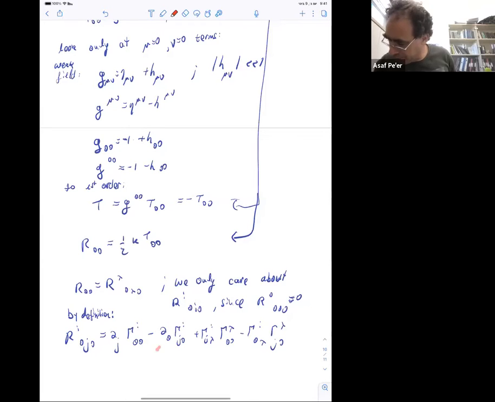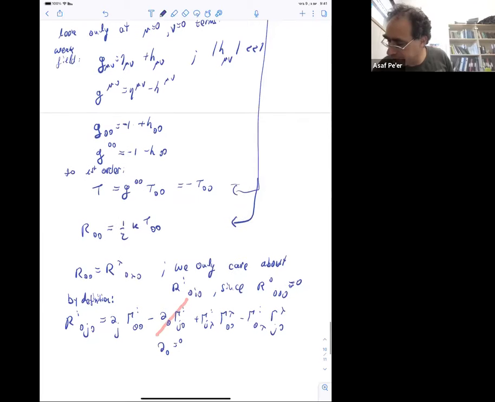Now this is a time derivative, and the time derivative is 0 because of the static metric. Right? ∂_0 is equal to 0 because the metric is static. These are the second order terms, right? But we say that there is a small perturbation, so really it's a perturbation squared.